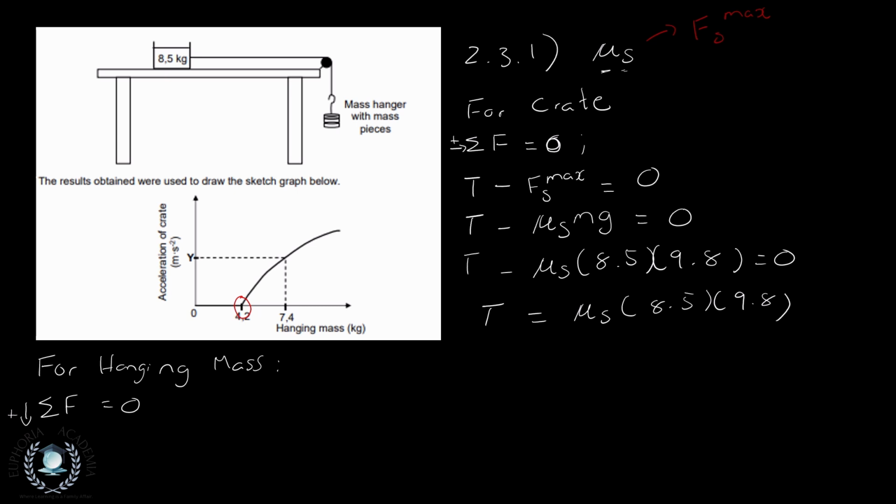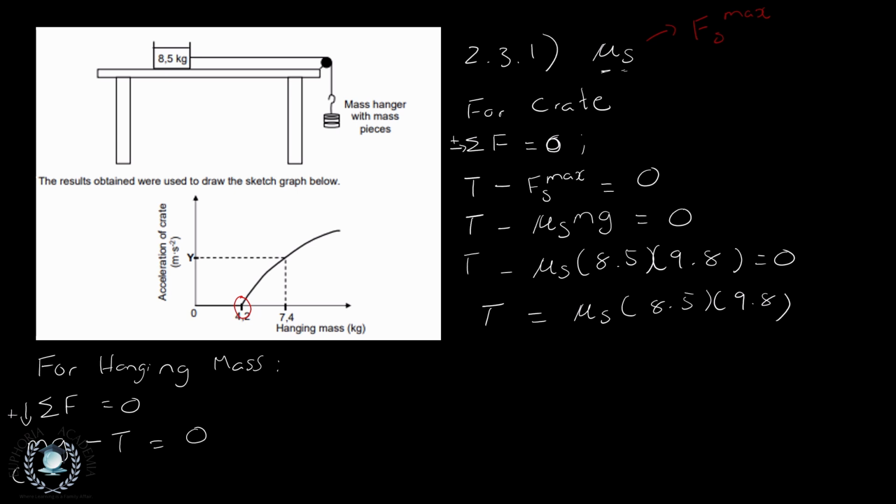We always like to favor the force that is pushing this thing to move in a specific direction, and that will be our force of gravity, mg. In this case, it will be the hanging mass multiplied by the force of gravity minus the tension, and that is going to be equal to 0.